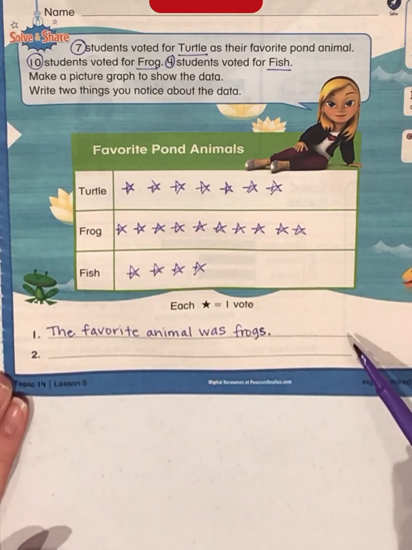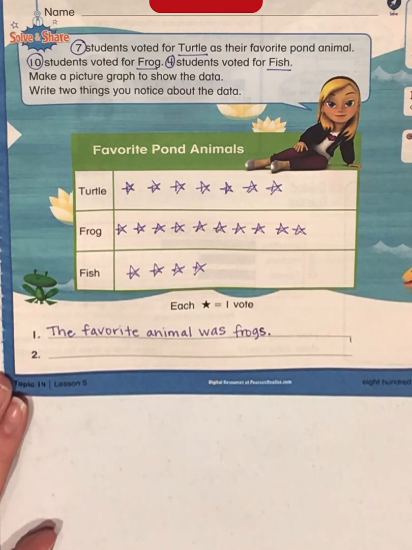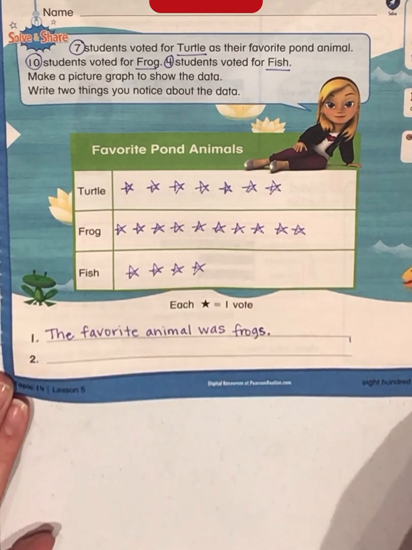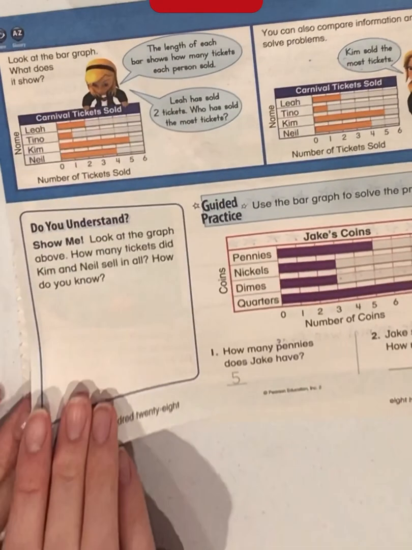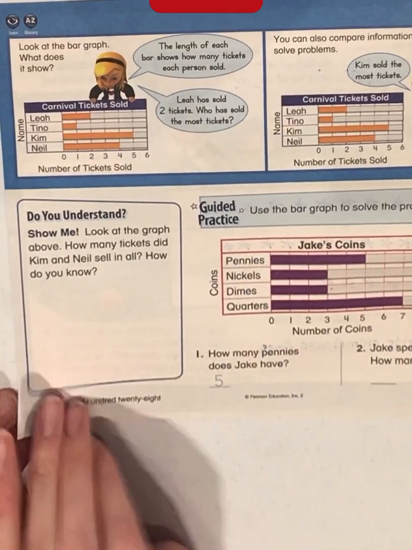Okay, so it's going to be your job to come up with one more statement here for the graph. Okay, once you have your own sentence written there, you can go ahead and turn your page so that you see the guided practice.